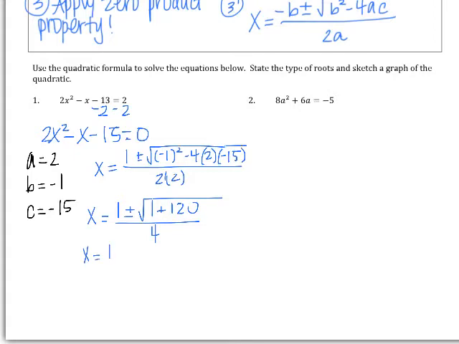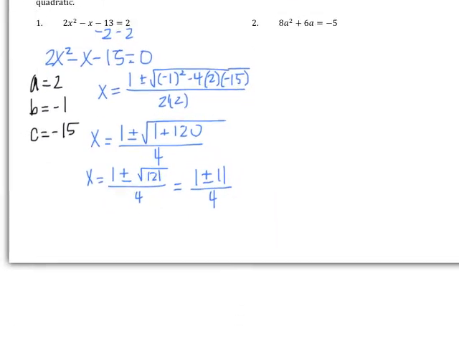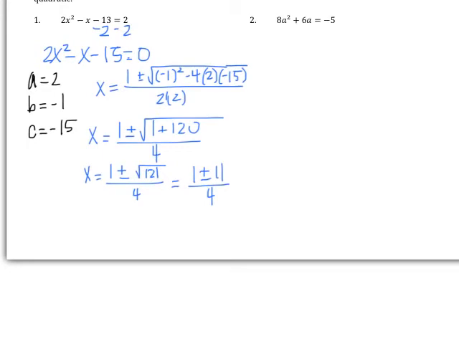So then that would be x equals 1 plus or minus the square root of 121 divided by 4, which would be 1 plus or minus 11 divided by 4. Since 1 and 11 are like terms, you can add and subtract those. You should go ahead and do that. So we would say x equals 1 plus 11 divided by 4, and x equals 1 minus 11 divided by 4.